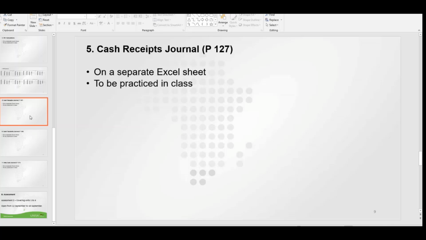I will tell you what they all do. Cash receipts journal, it's where we record all the cash that we have received. Cash payments journal, all cash that we have paid goes to the cash payments journal.